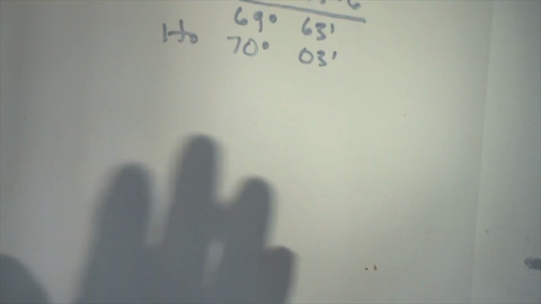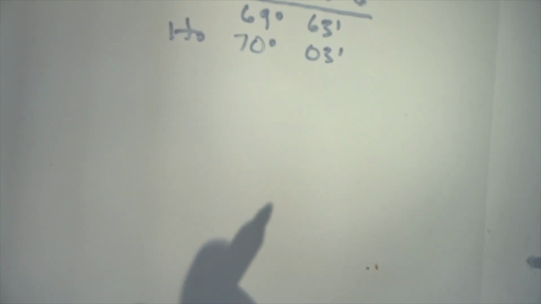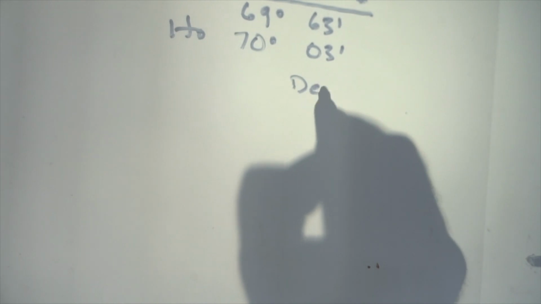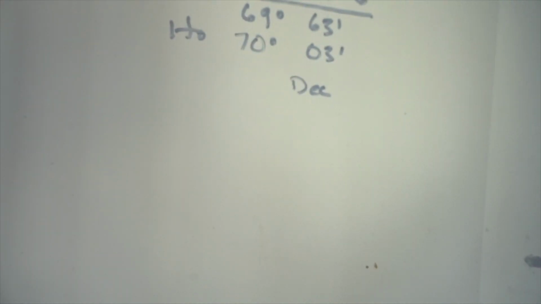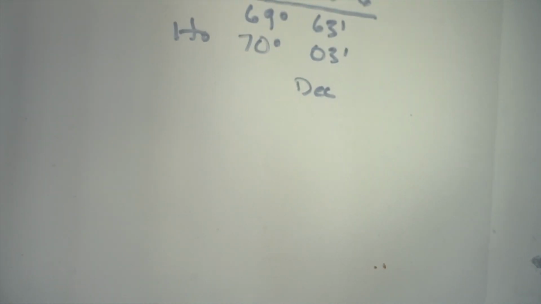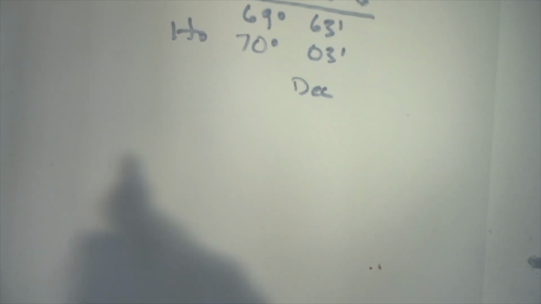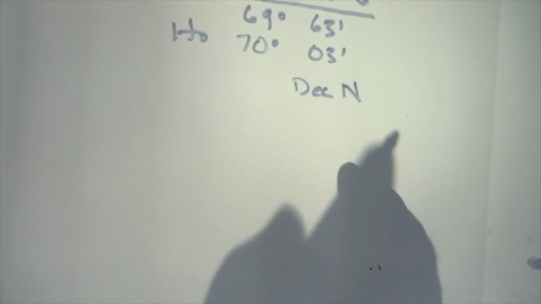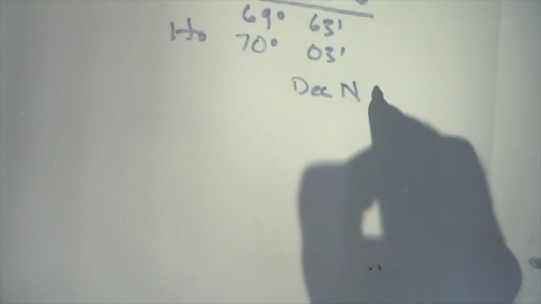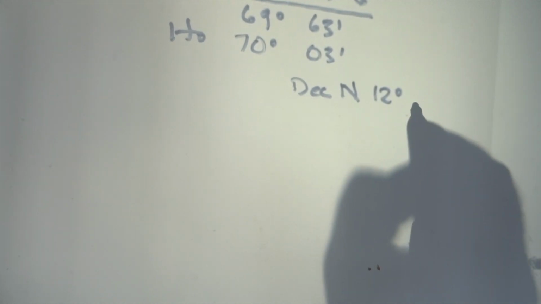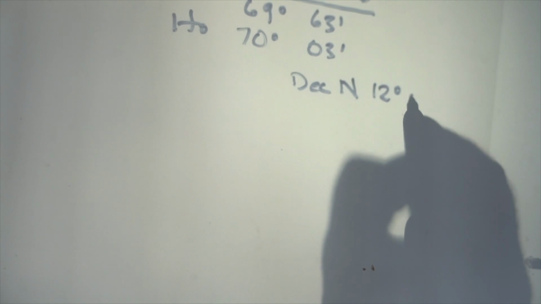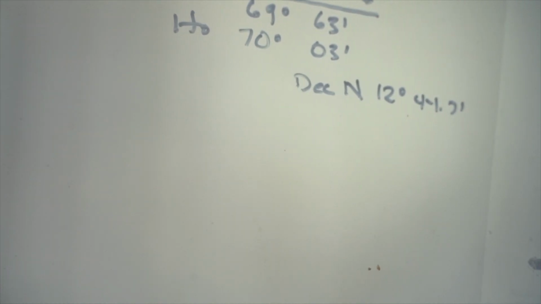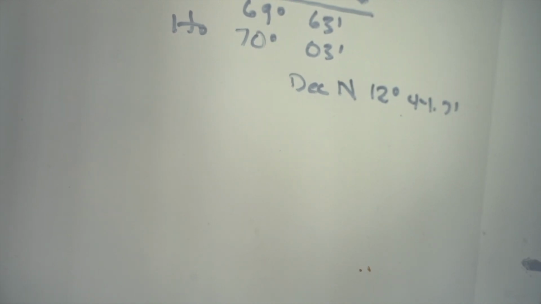Now, we are going to need to find the declination, but we don't need to bother ourselves much with GHA in this case. So for the day and the hour, we have a declination of north something. Can you tell me from the almanac what that might be? 12 degrees, 44.7 minutes.